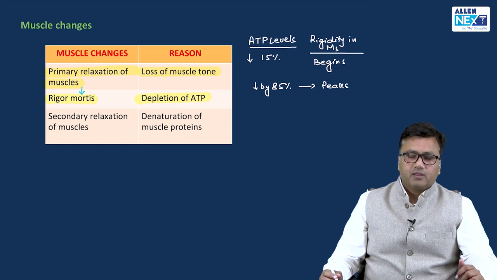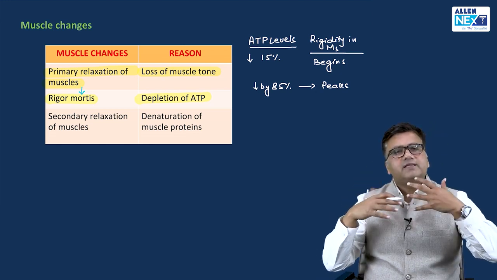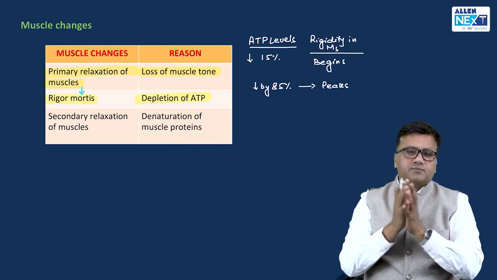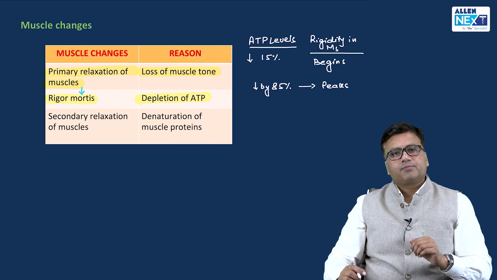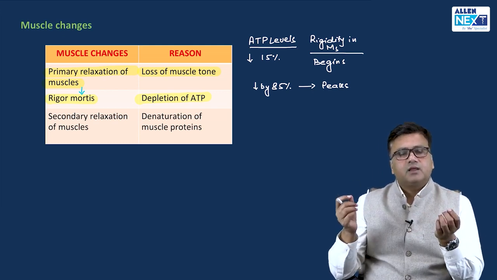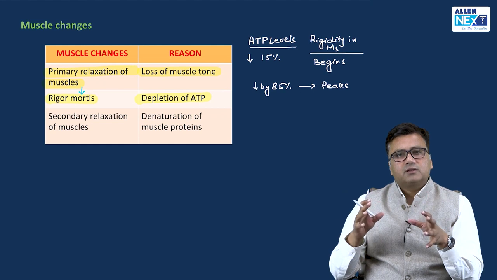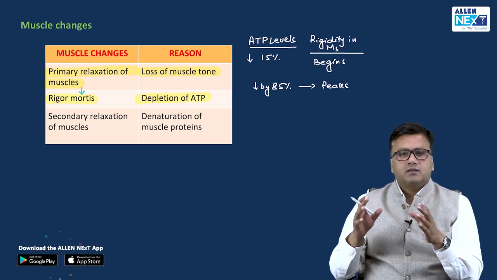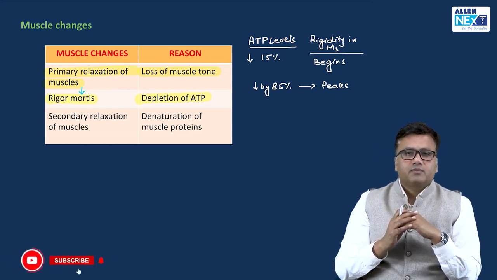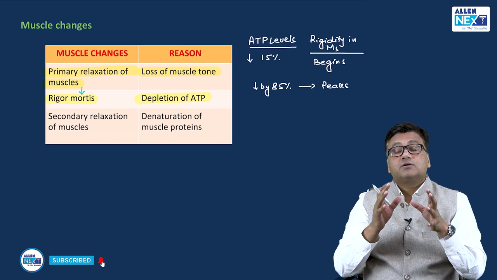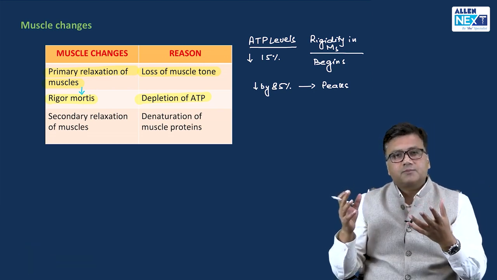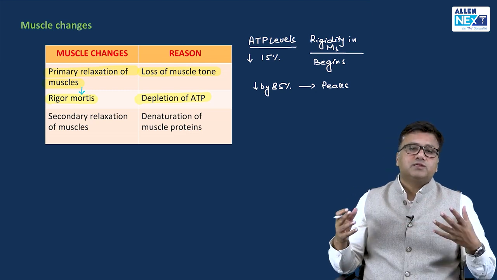Now, there is a time period till which rigor mortis persists in a muscle, and then after a certain time period, rigor mortis goes away from that muscle. As the rigor mortis passes off from a muscle, what is going to happen to the muscle?